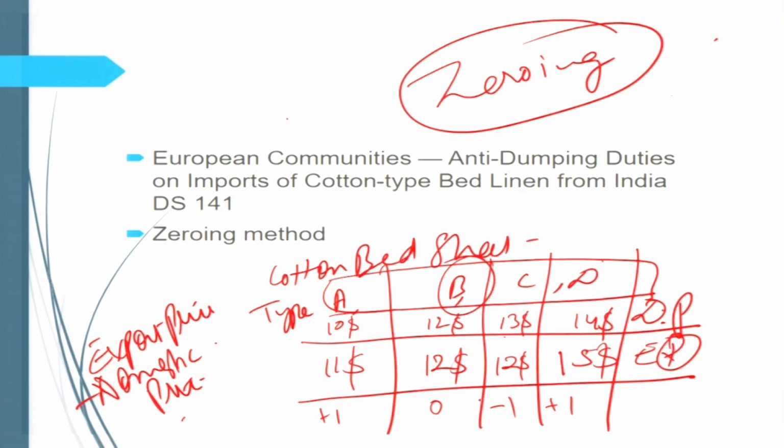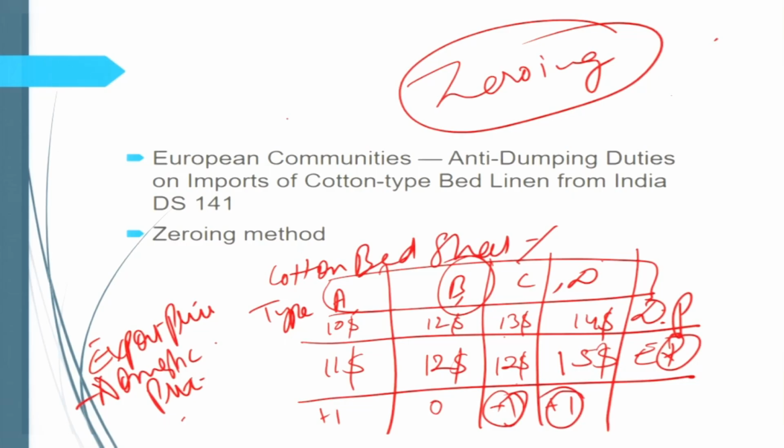In the second case we do not have any value, that is 0, so it is a 50-50 situation; type B bedsheet can be a dumped product, or cannot be. C seems to have the negative value. So, here is the point where we can say there is a possibility of dumping, because the export price is lower than the domestic price of the same product. Here in D we again get a positive value, so there is no dumping being practiced.